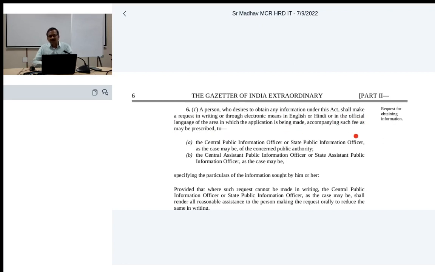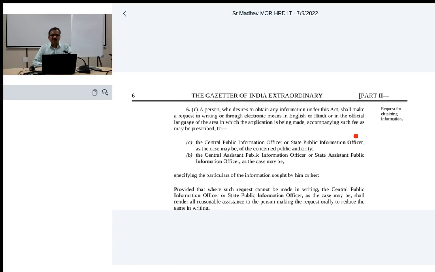So the Right to Information Rules 2012 prescribe a fee of 10 rupees to be accompanied by an application. So this is the third requirement. The fee may vary in states, but mostly it is uniform across all the central government public authorities, that is 10 rupees.